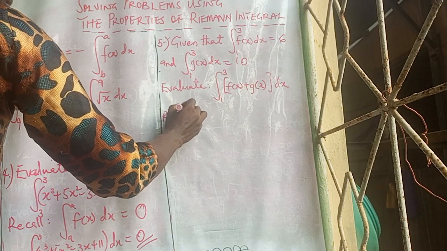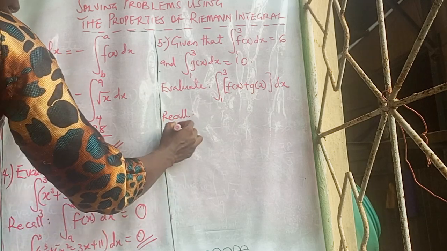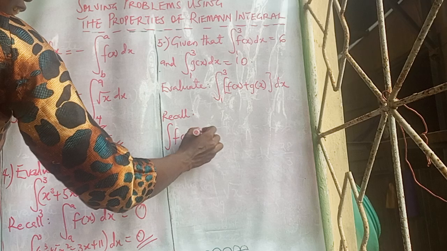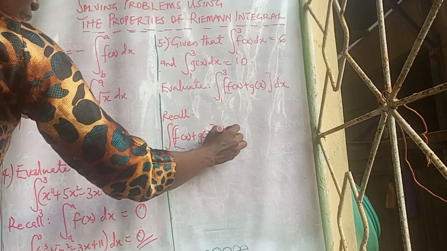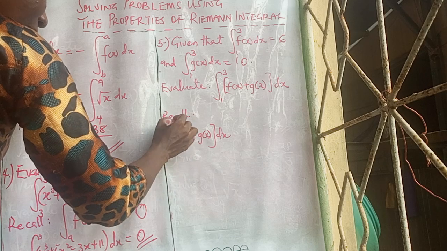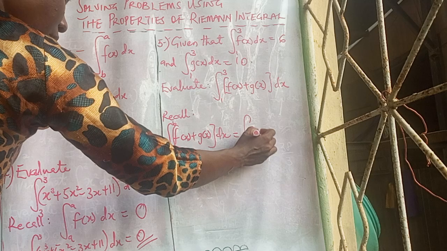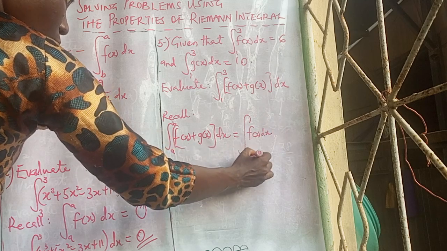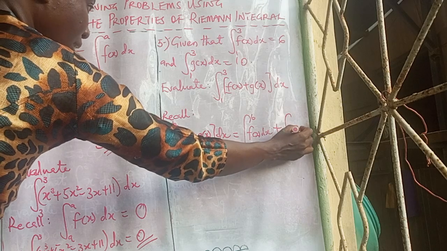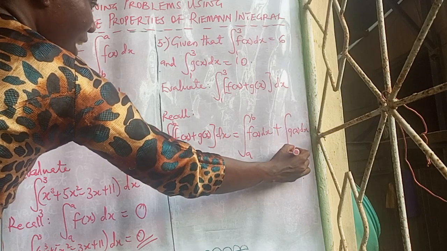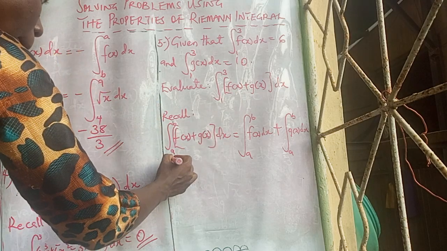Recall that the integral of f of x plus g of x dx over the interval a to b is equal to the integral of f of x dx over the interval a to b plus the integral of g of x dx over the interval a to b. So the same thing will happen there.